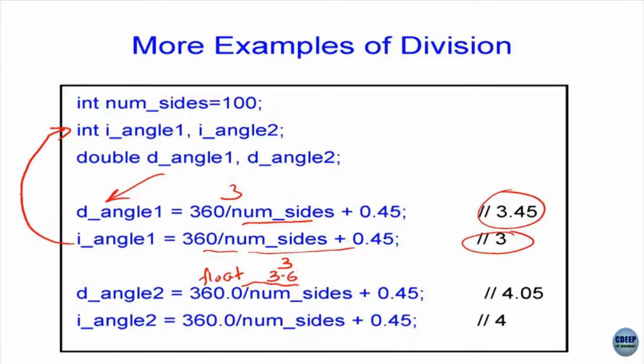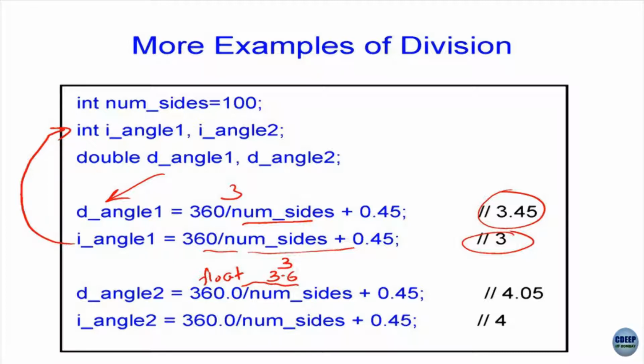Let's see more examples. Unless you want me to do this carefully, I'm just going to make some passing remarks. So D angle, anything prefixed with D is basically a double precision, but the type of the left, what you are assigning to, is not necessarily going to determine what the expression itself gets evaluated to.